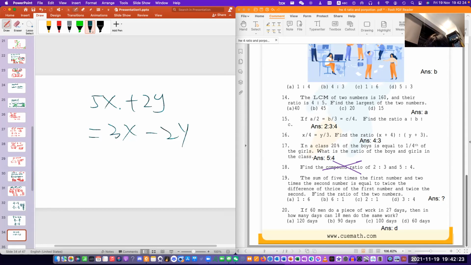Just test 1 and 6. So 1 and 6 is 5 plus 12, you get 17. And then this is 1, this is 6. Do you get 17? No, you don't get 17. So 1 to 6 is not. 6 to 1 also doesn't make sense.